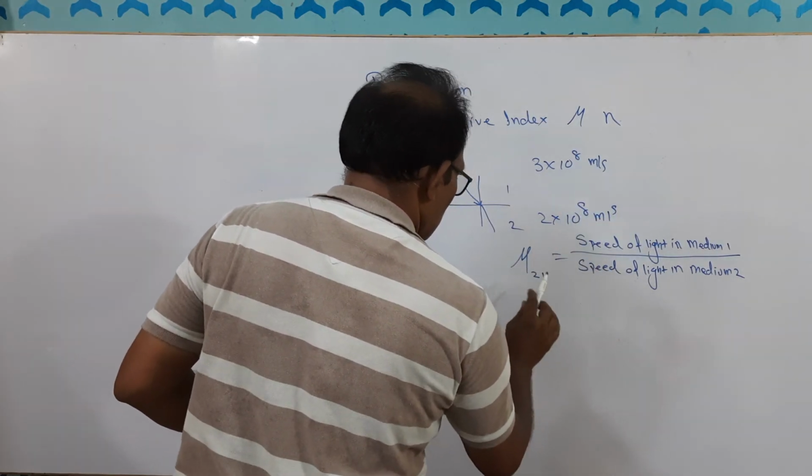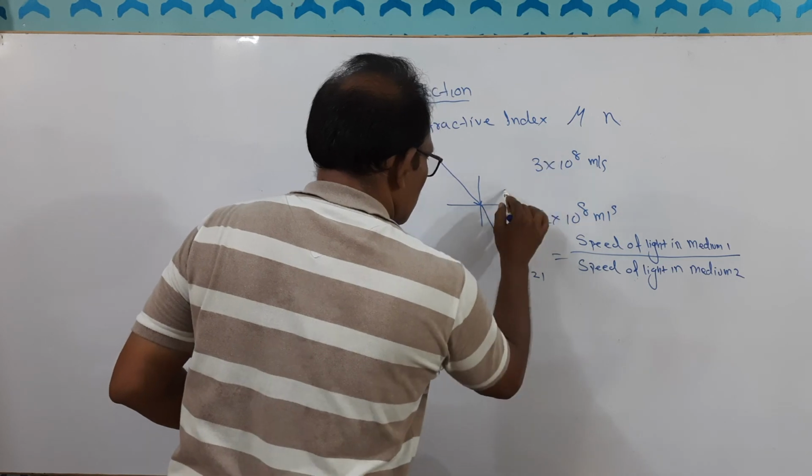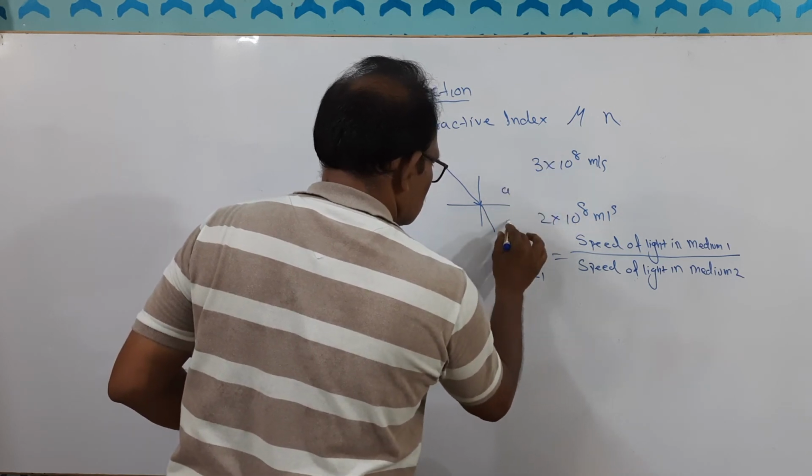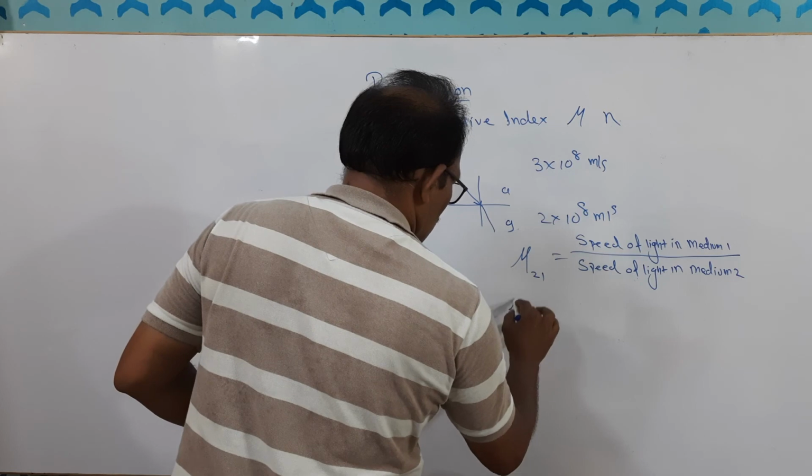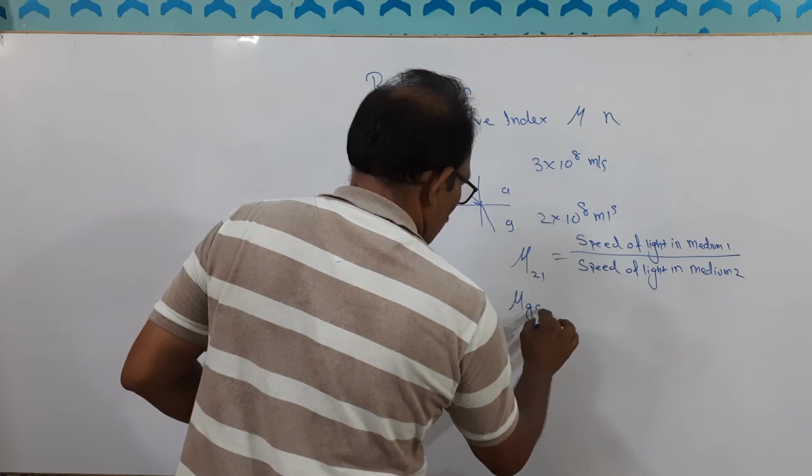Now I will write here, suppose this is air and this is glass. So we will write mu like this.